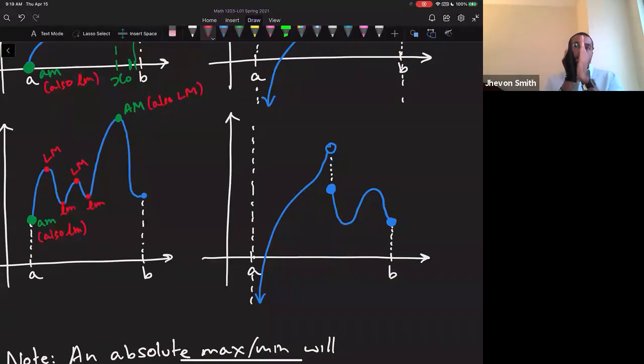Meaning if you zoom in very close to that point and just look at a small neighborhood around those points, they're the biggest guys around. This point here is a local min. Okay. So that's where the absolute extrema would occur and the local extrema would occur. This graph happens to have both.